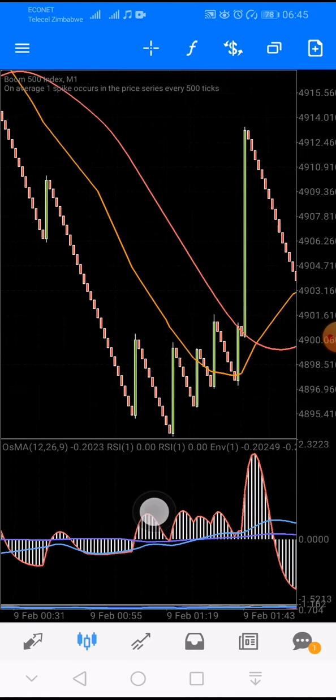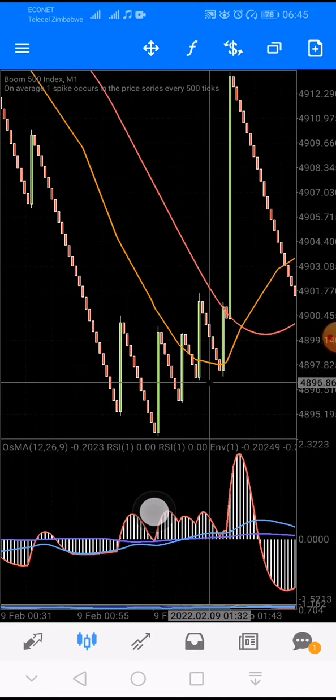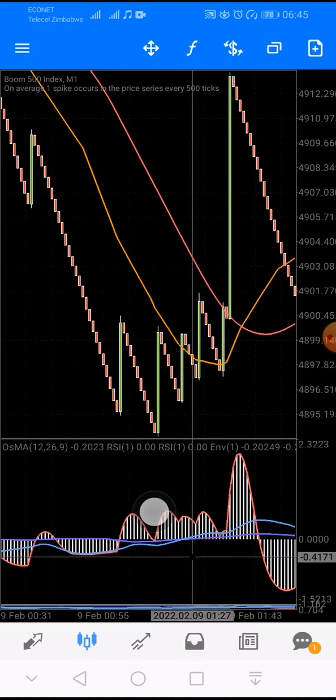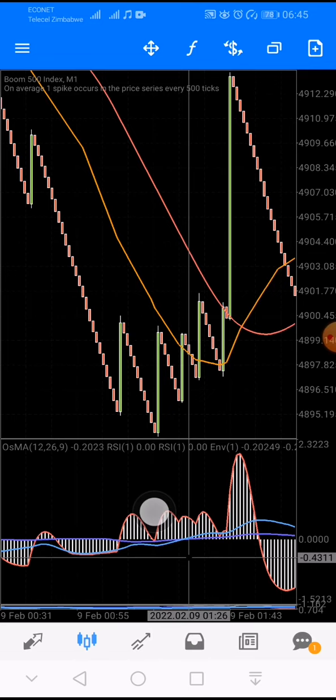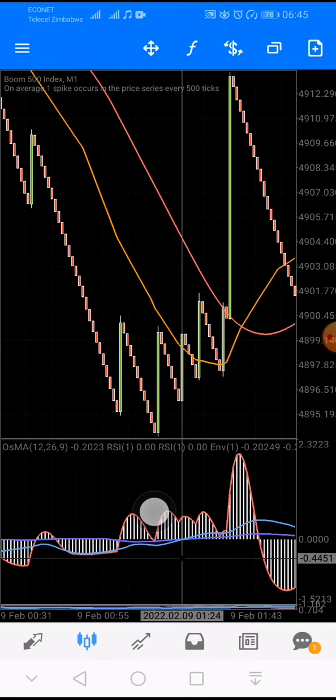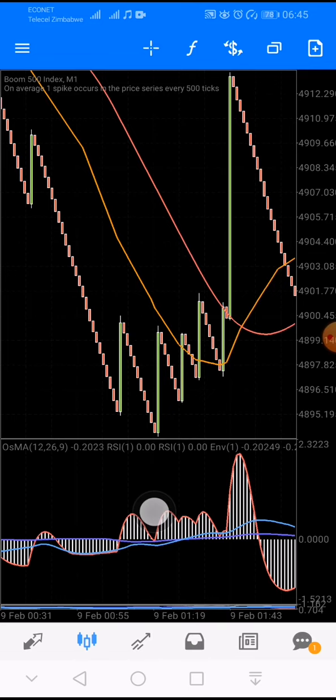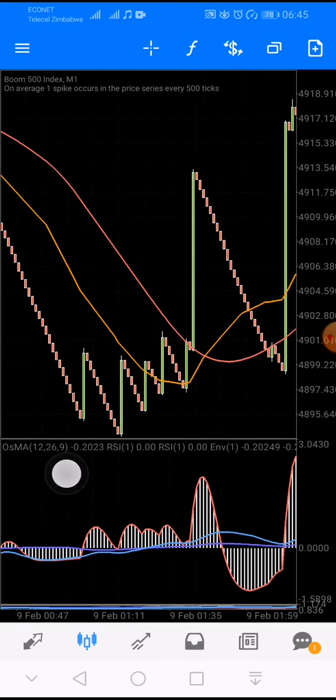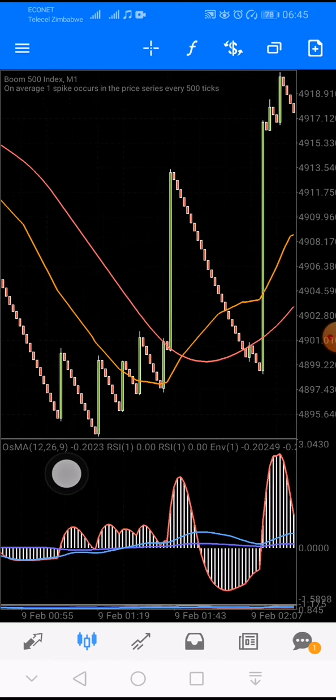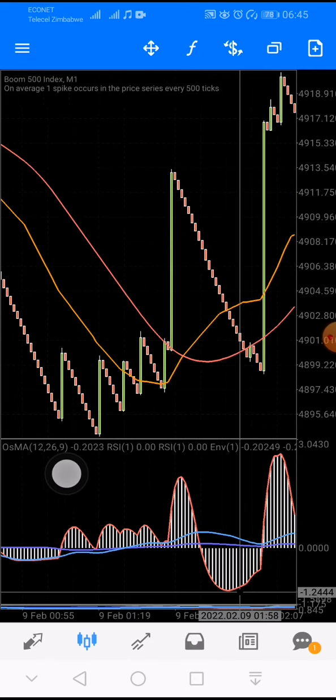And you can see we got our big spike here because the continuation signal is more accurate than the reverse. I will explain later when we get some reversal setups. And this is another one. Now this is the reversal.